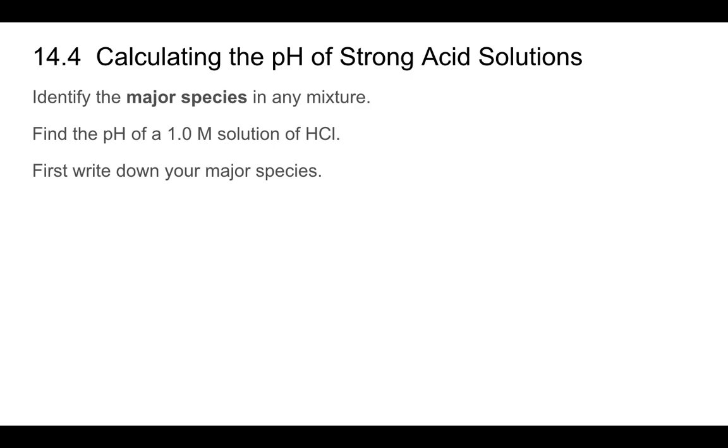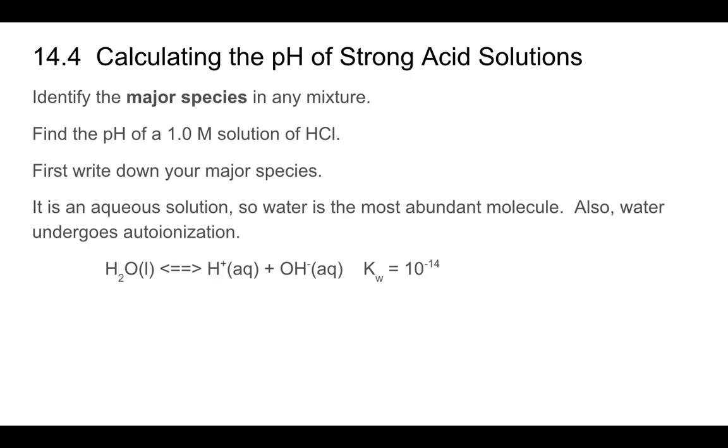First thing you want to do, identify your major species. So it's an aqueous solution, so we know there's a lot of water available, and we know that water does undergo autoionization to form H+, so it is possible that water might be a source of H+ here.